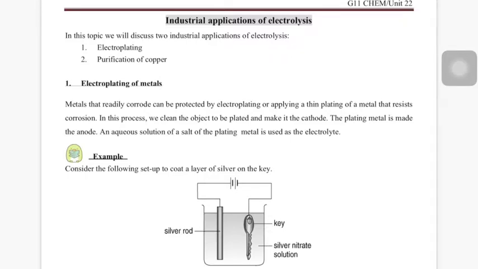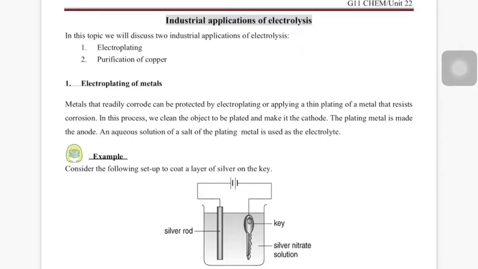In grade 10, we had a unit about corrosion of different metals. A lot of reactive metals can corrode quite easily. To avoid that, we can have a thin layer of unreactive metal on the surface to prevent corrosion.